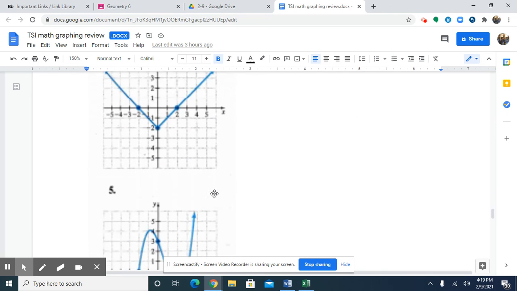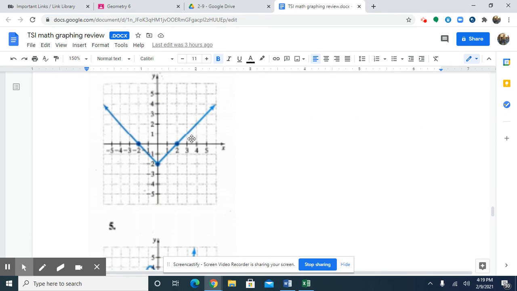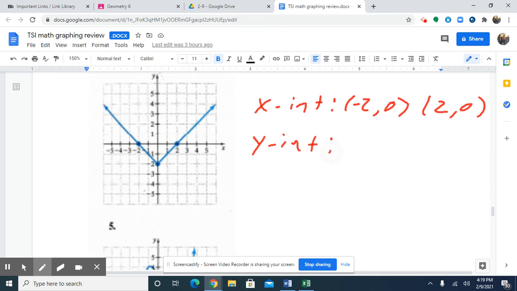There might be others like this one that have multiple. So x-intercept, we actually have 2 of those here. We would have -2 and 0, and also +2 and 0. Our y-intercept is down here at 0 and -2.